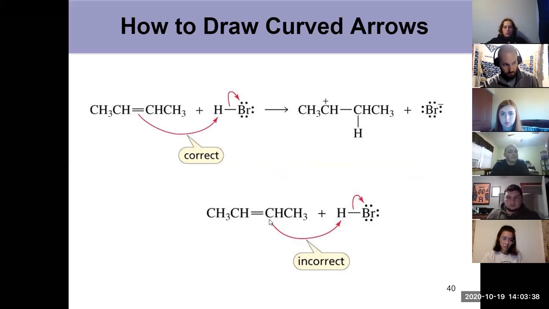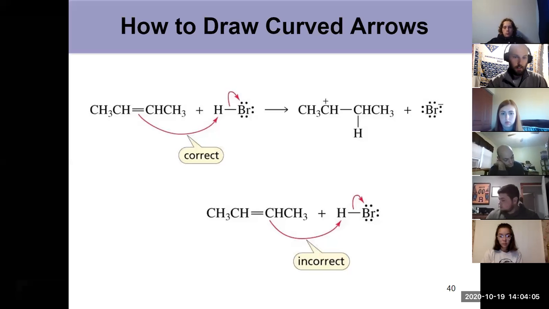This carbon itself doesn't have any electron density, right? The bond has the electron densities, which is why I show the arrow starting there, not at carbon. So lots of subtle things to pay attention to, and your Sapling is going to have a lot of practice for you to make progress on the curved arrows.